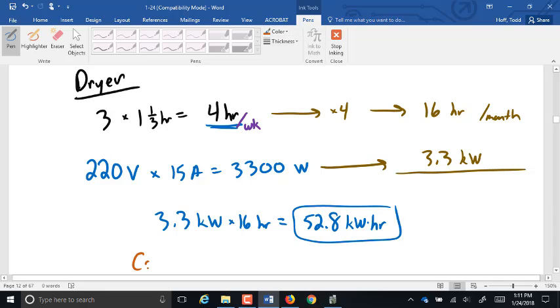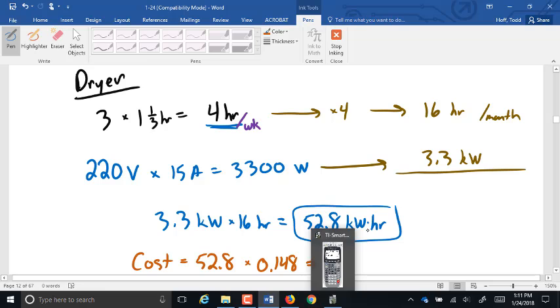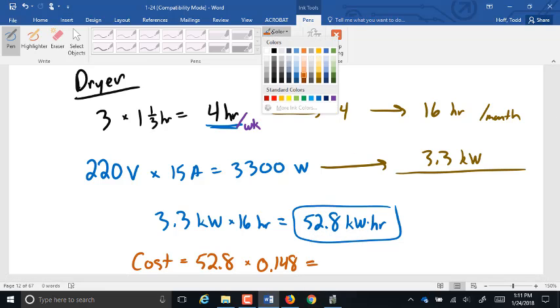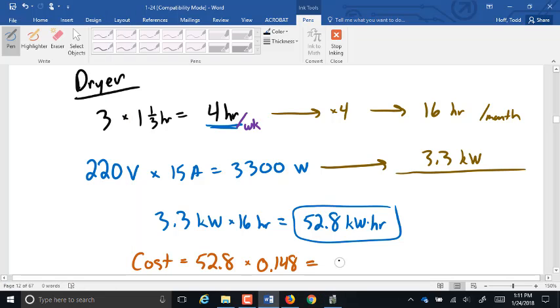So the cost is 52.8 kilowatt hours times 0.148, which is $7.81, we'll call it. So about $8 a month to run your dryer.